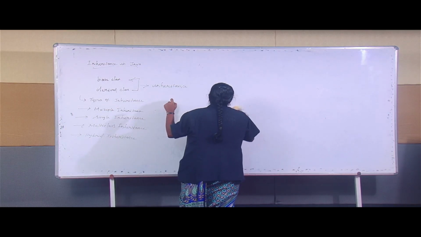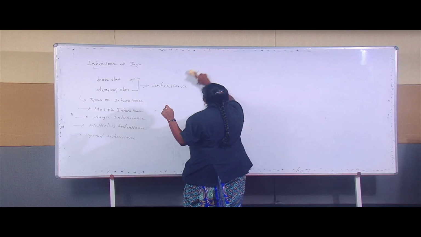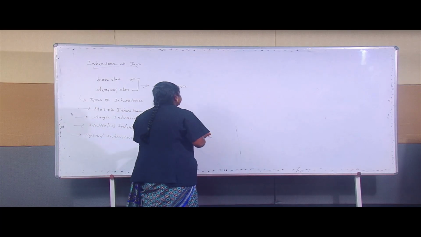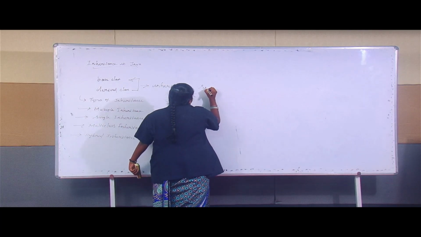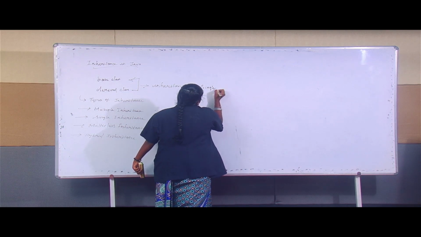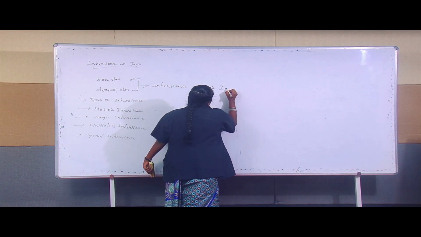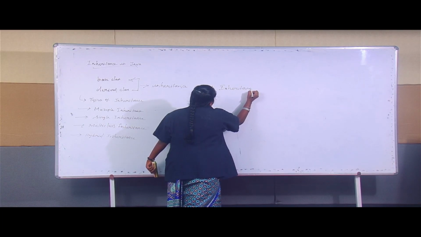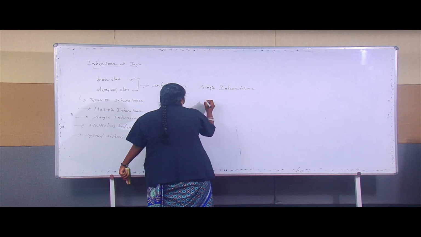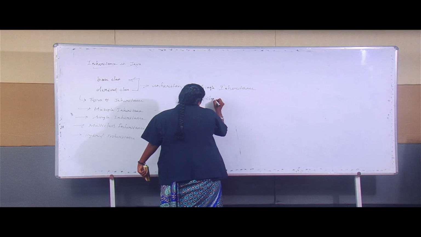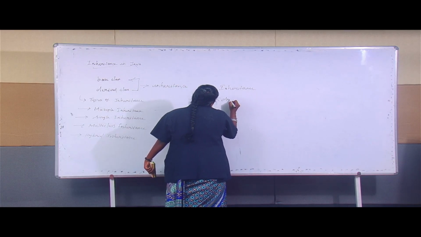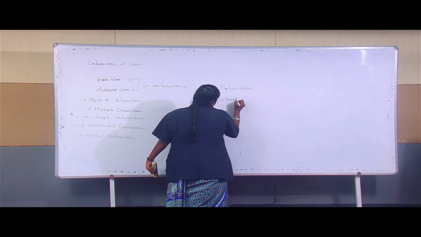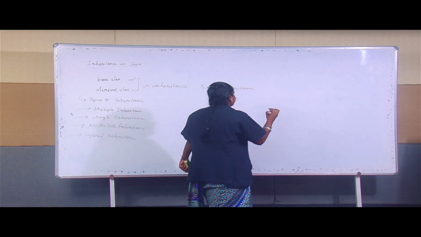Now we will see an example for each of these types. First we will consider single inheritance. I am considering the class Animal. For inheritance, we will use the keyword extends.